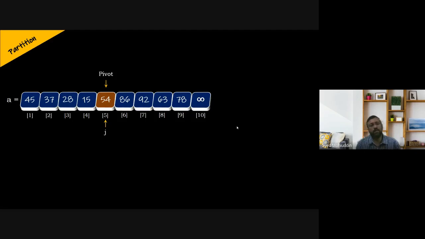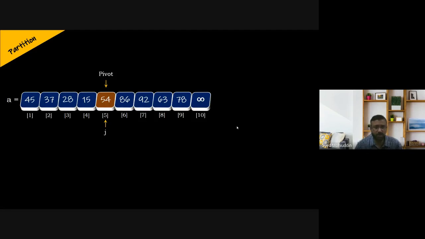So we start by selecting the first element, whatever element that may be, and then we try to shift the larger elements towards the end of the array, smaller elements towards the start of the array, comparing with the pivot element which we have selected. Then finally, once the position of the pivot element is found, we place the pivot element at that index.